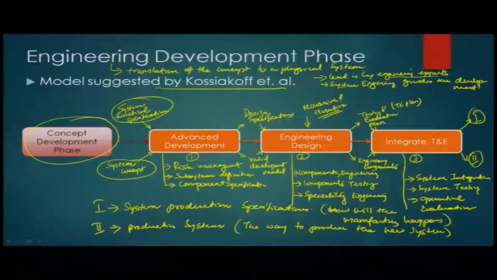So you are recursively moving up and integrating the system, and then testing the system and doing operational evaluation to ensure that the system is ready, where we talked earlier about limited rate initial production, LRIP, and all those kinds of things that happen as part of this step.